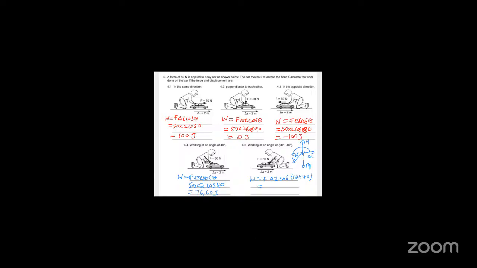Oh, F is 50, sorry. 2 cos of 130, negative 64.28 joules.